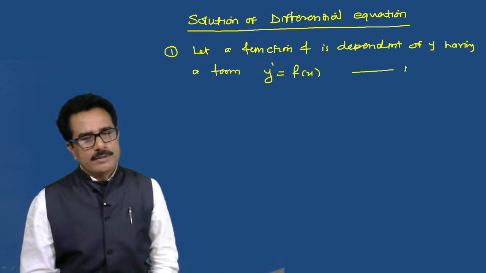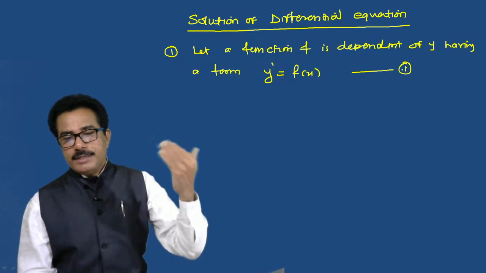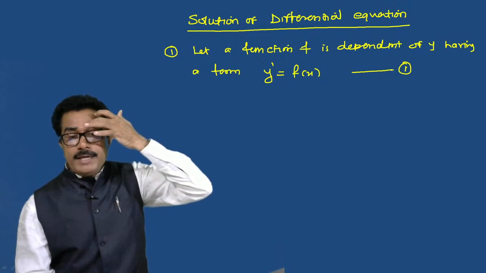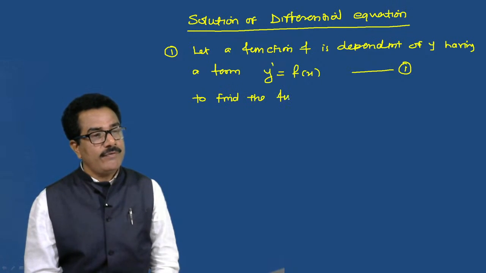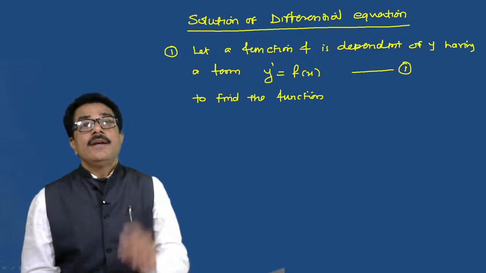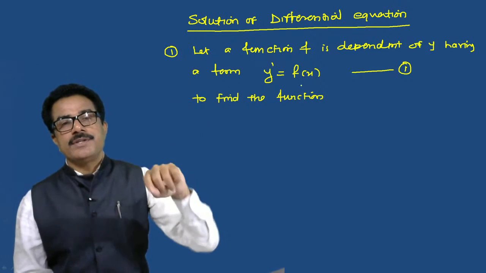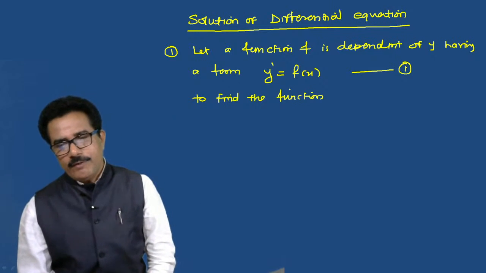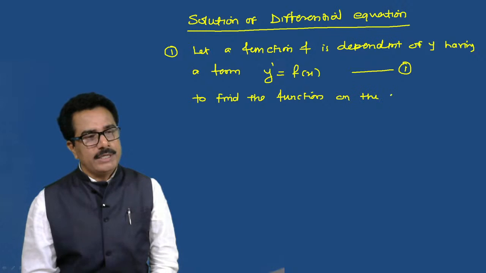Suppose we consider now where f is defined on the interval I, then our aim is to find the function phi. Here phi is the solution of this differential equation in the form of x, function phi on the given interval I.